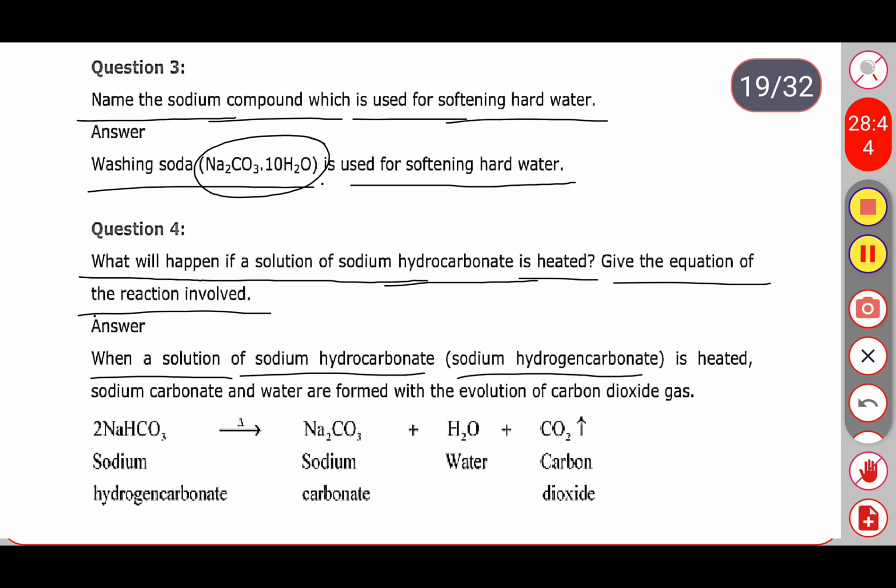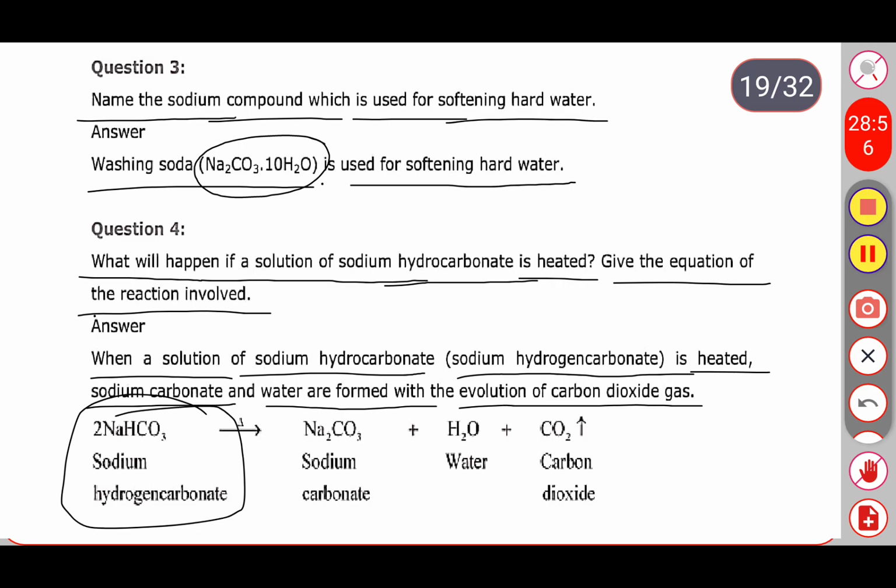Sodium hydrogen carbonate, when heated, releases sodium carbonate, Na2CO3, along with water and carbon dioxide. Carbon dioxide gas will be liberated. Okay, see the next question.